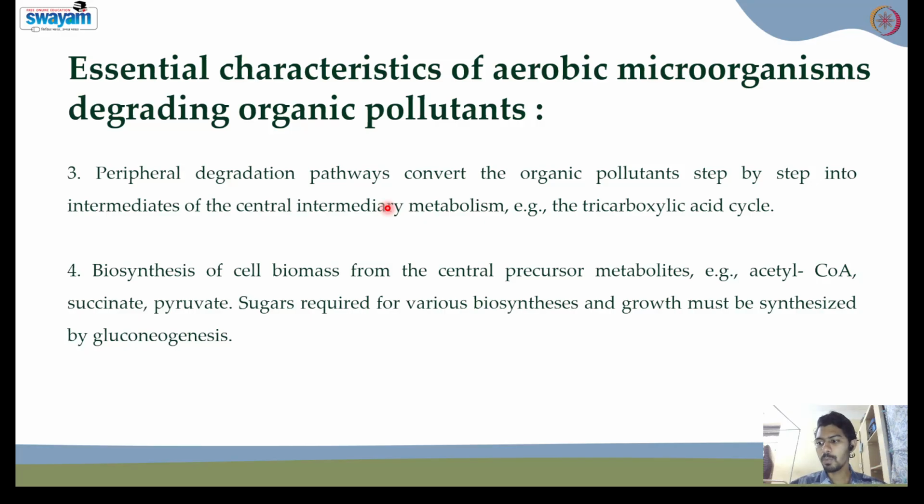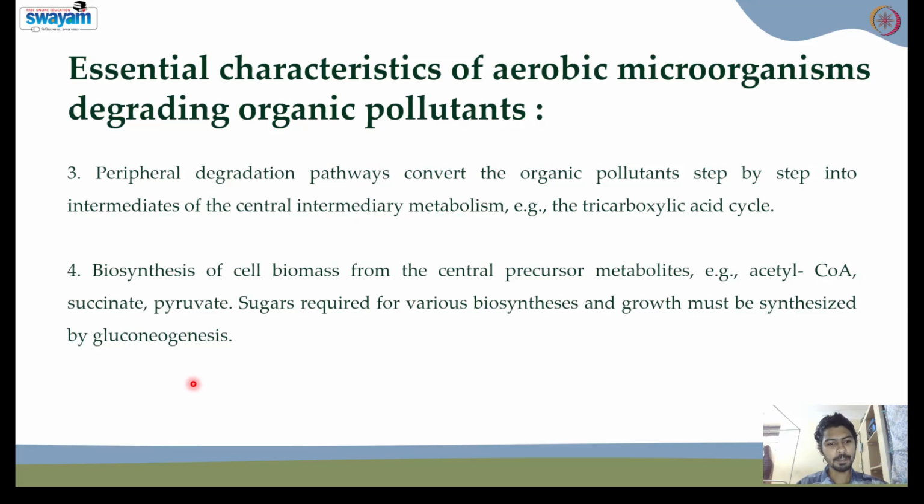And the fourth important step is building new biomass. Once the microorganism has degraded these large complex molecules into small molecules like acetyl CoA, succinate, or pyruvate, it starts to generate biomass, that is, new cells, proteins or enzymes that are required for their cells. So it is nothing but converting waste into wealth.